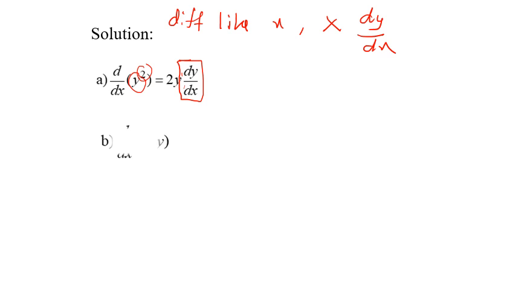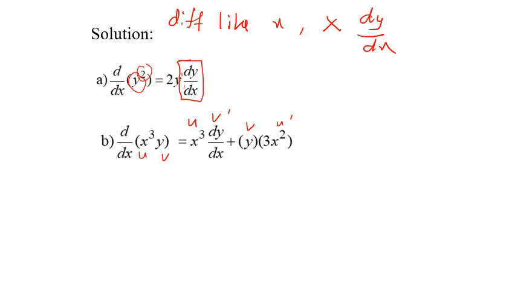Okay, let's take the next question. Here we have two terms, so we will use the product rule with u and v. As you can see here, we have u v prime plus v u prime. u is x cubed and then v prime: differentiate y, 1 times dy dx.